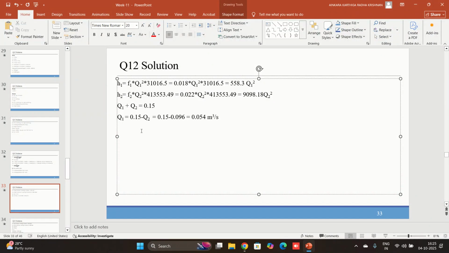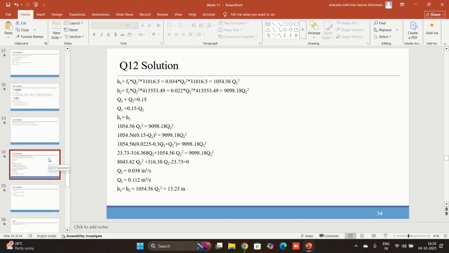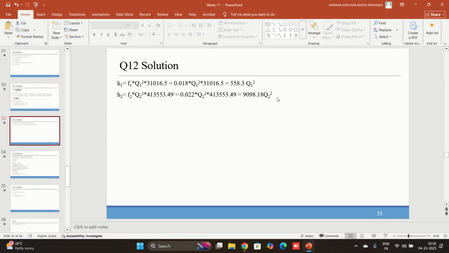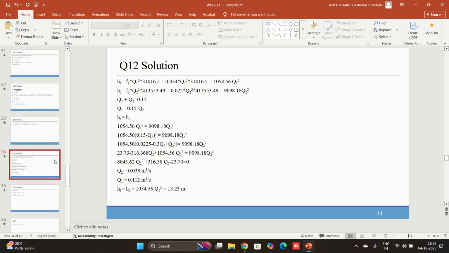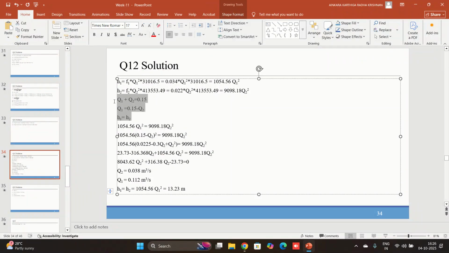So now what is given? Q1 plus Q2 is equal to 0.15, and Q1 is equal to 0.15 minus Q2. I'll remove the slide.